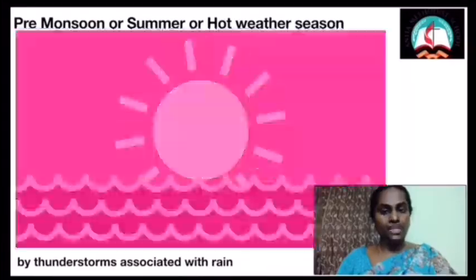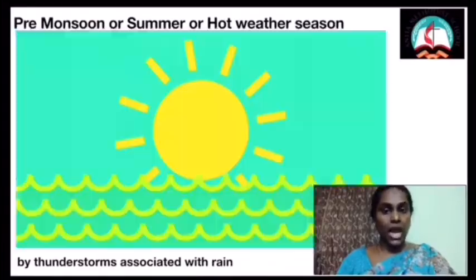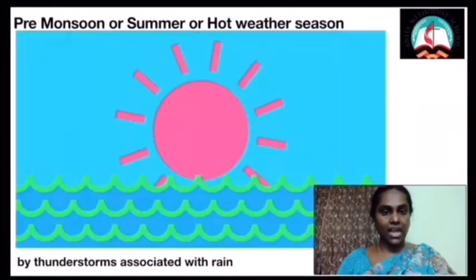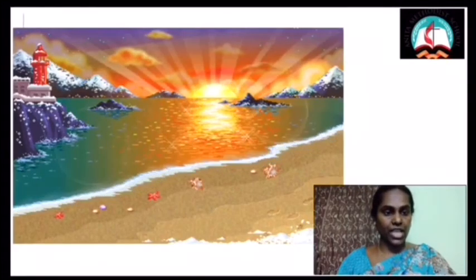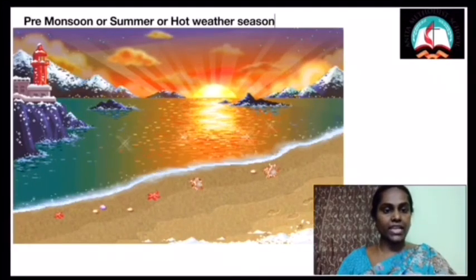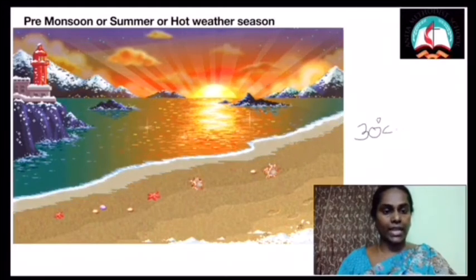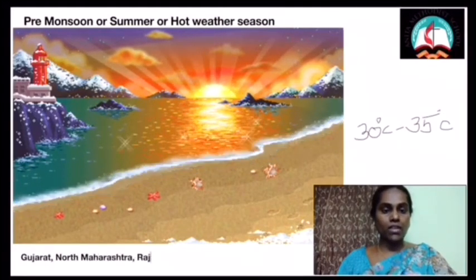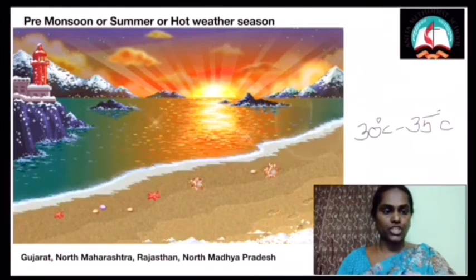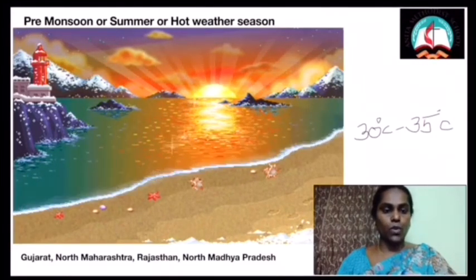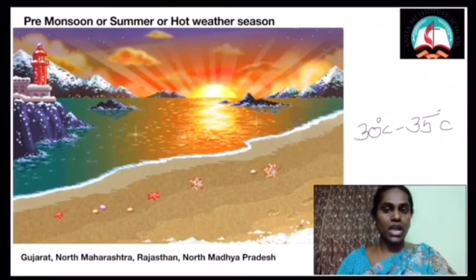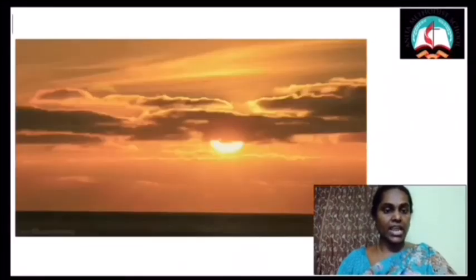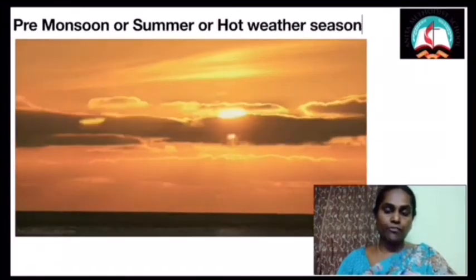Many stations in Gujarat, North Maharashtra, Rajasthan and North Madhya Pradesh exhibit high daytime and low nighttime temperatures during this season. Because of the atmospheric pressure conditions, the winds blow from southwest to northeast direction in the Arabian Sea and Bay of Bengal.